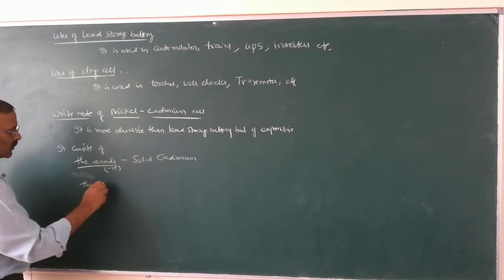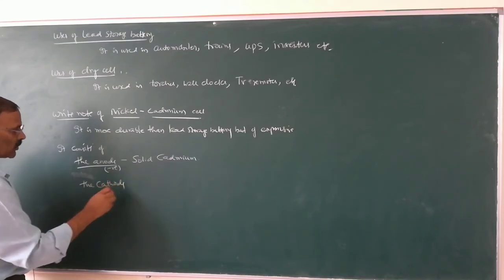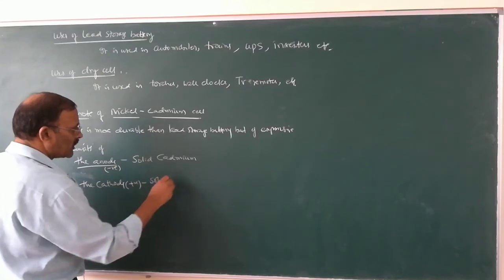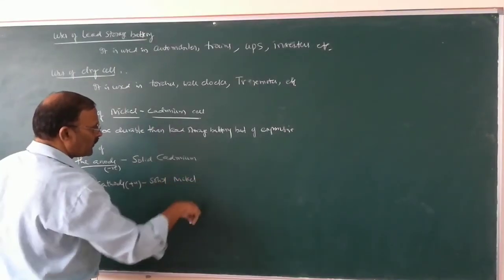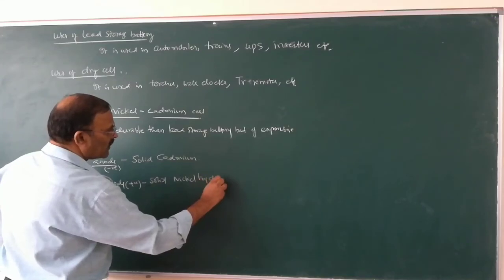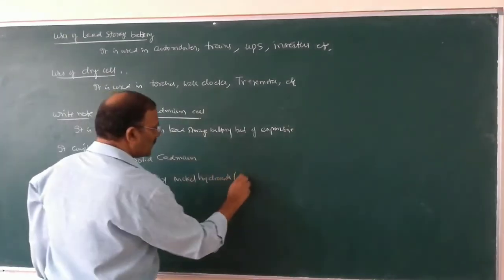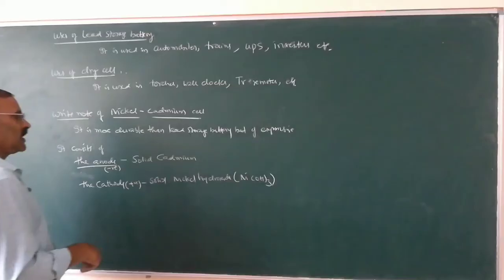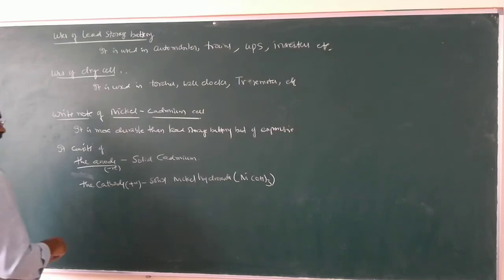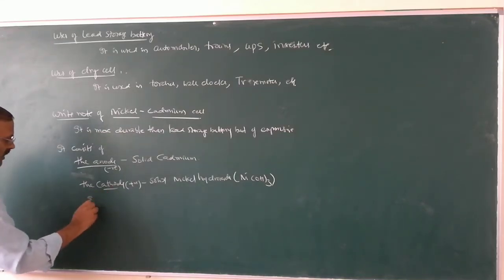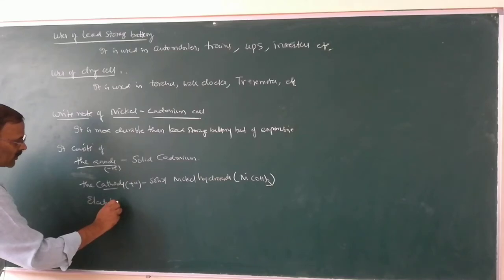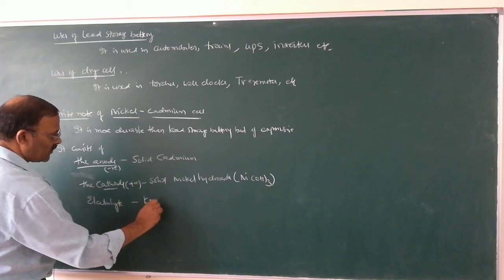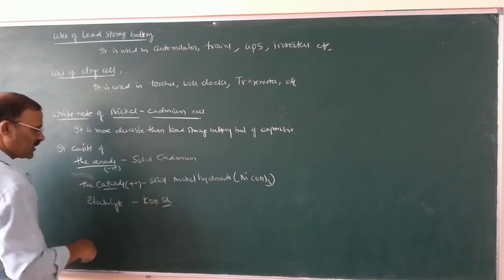The cathode, that is positive, is solid nickel hydroxide, Ni(OH)3. Nickel hydroxide is the cathode. And what is the electrolyte? Here the electrolyte is potassium hydroxide solution.